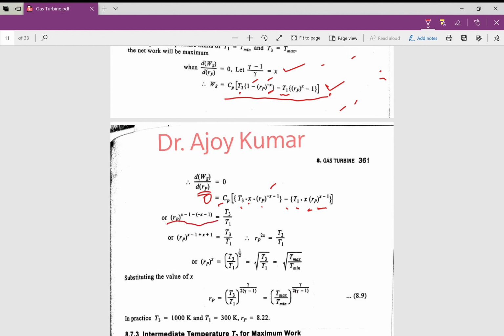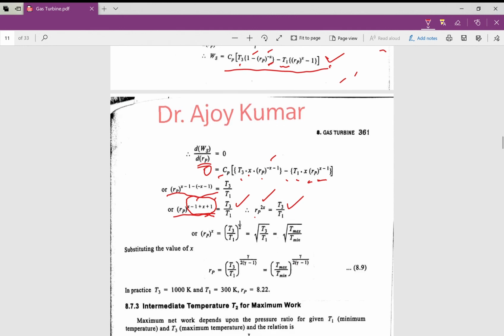We can write in this way, simplify it, T3 upon T1. After simplification of this whole term, here you are getting 2x, 1 and 1 get cancelled. So here Rp to the power 2x is equal to T3 upon T1.